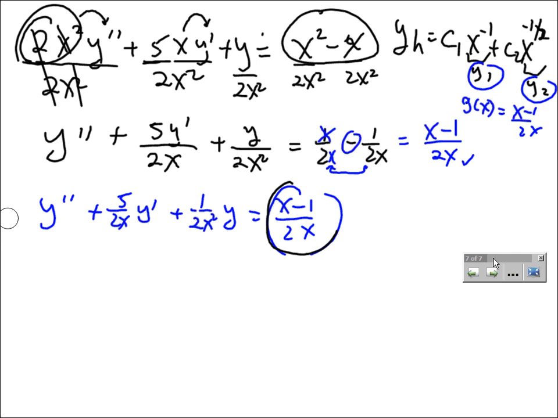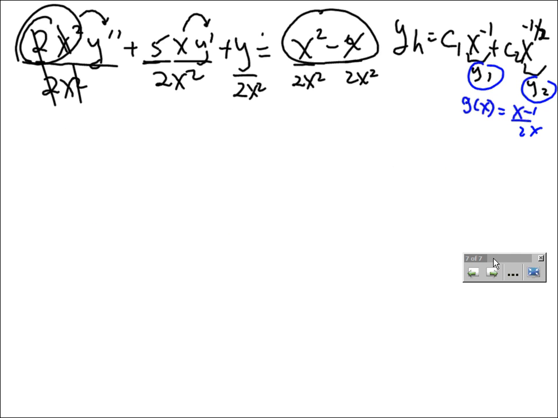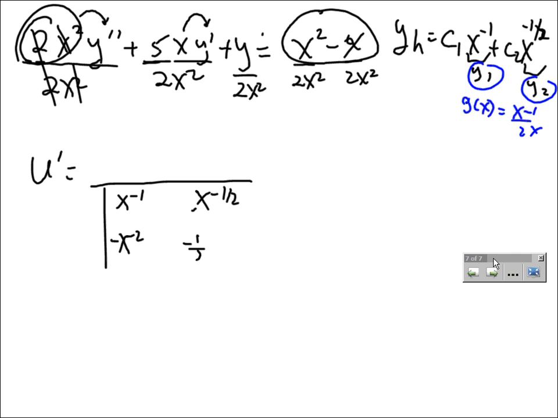Okay, so now we can go and try to find u1 prime. The bottom one, the determinant, is going to have y1 and its derivative, and y2 and its derivative.